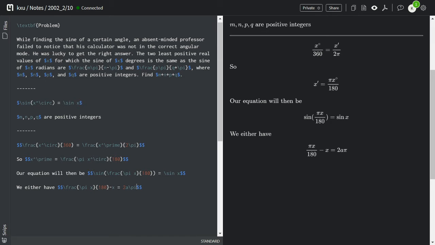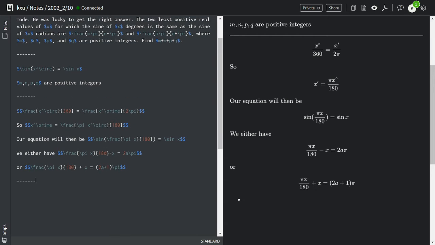This is because the sine function is periodic with period 2 pi. Or we have that pi x over 180 plus x is equal to (2a plus 1) pi. And this is because we have the theorem that sine of theta is sine of pi minus theta. So we get these two formulas and we can solve for x.